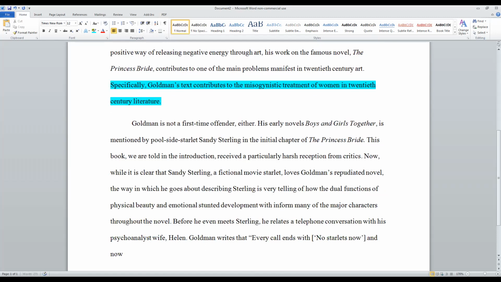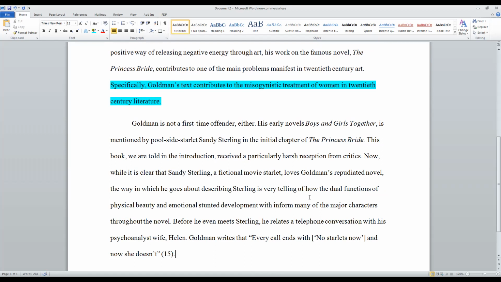And now she doesn't. Oh, and again we have end quote, parentheses 15, because we already named Goldman as the author, so that is implied that it comes from page 15, and period at the end.